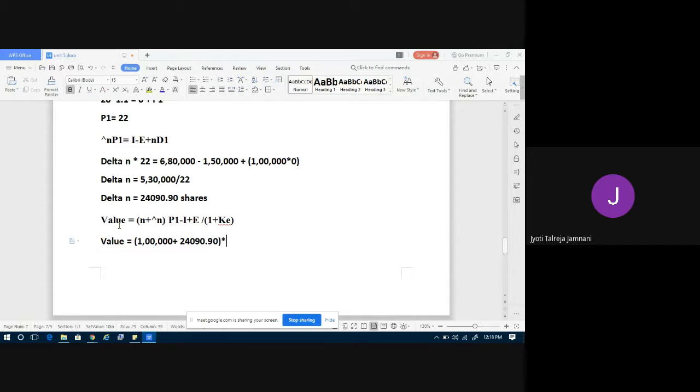This has to be multiplied with P1, 22 rupees, minus I 6,80,000 plus E 1,50,000, the whole divided by 1 plus KE, which is 0.1.